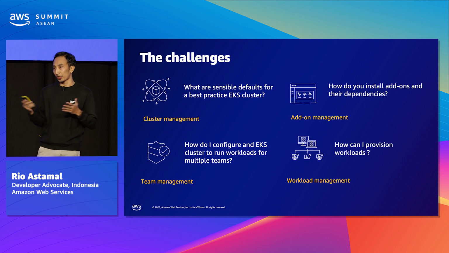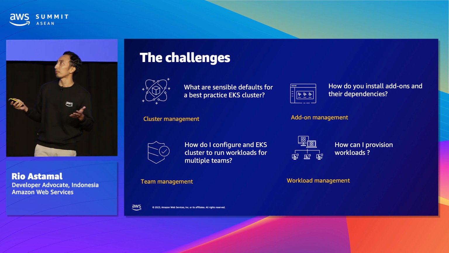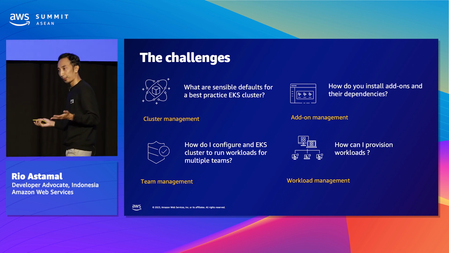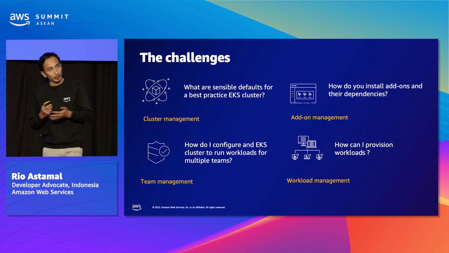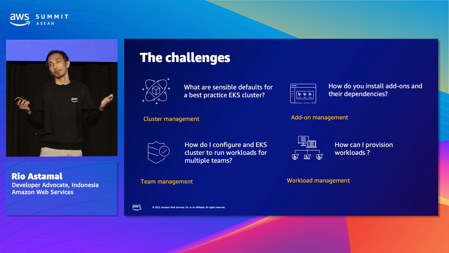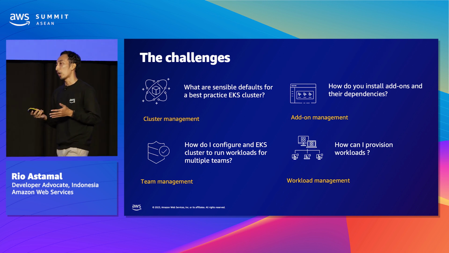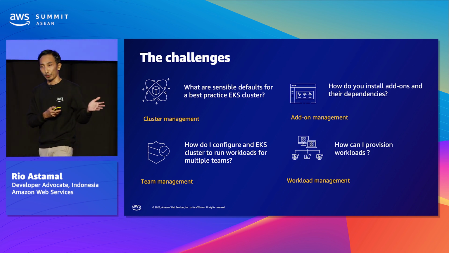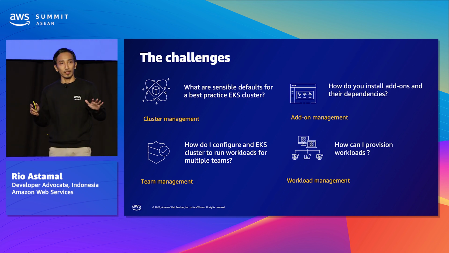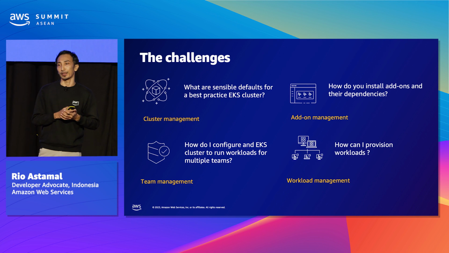And then there is another challenge, which is add-on management. As I said before, it's a lot. How do you manage them, install them, and manage their dependency? And the last one is workload management. How do you give flexibility, let's say, to the application team to do their own deployment without having to rely on the platform team? This is the set of challenges that you may face when adopting Kubernetes.